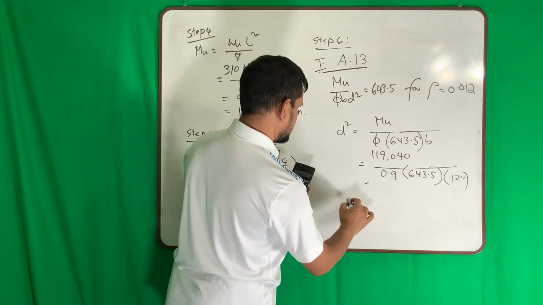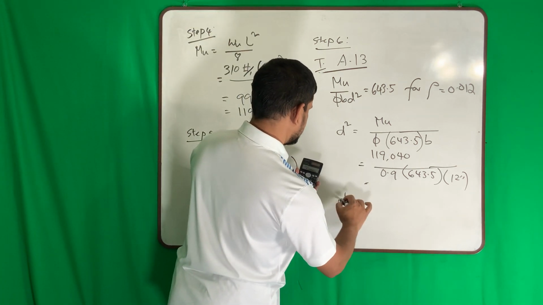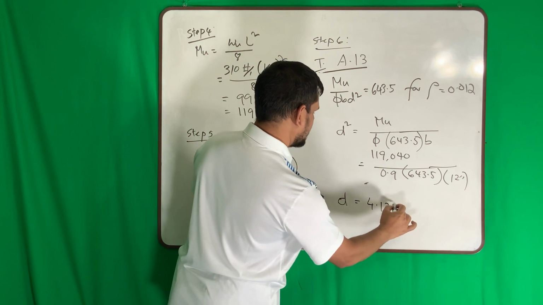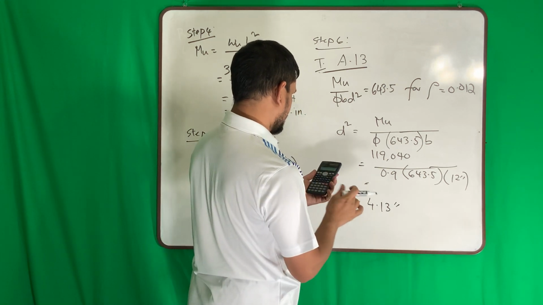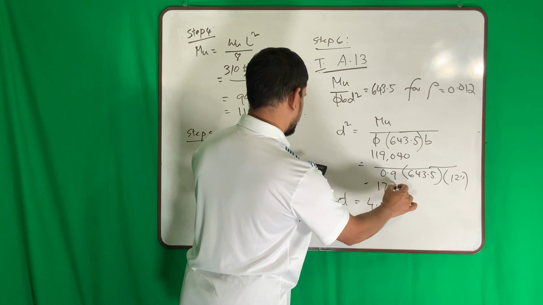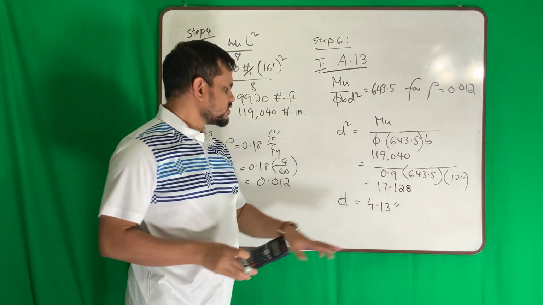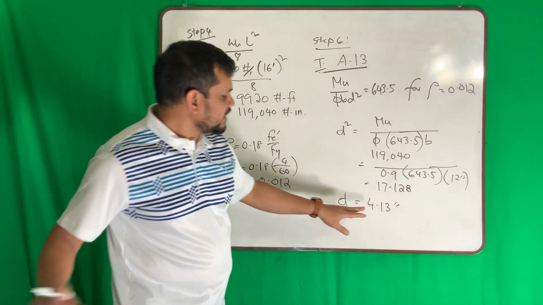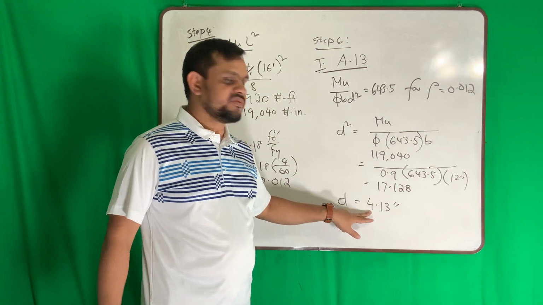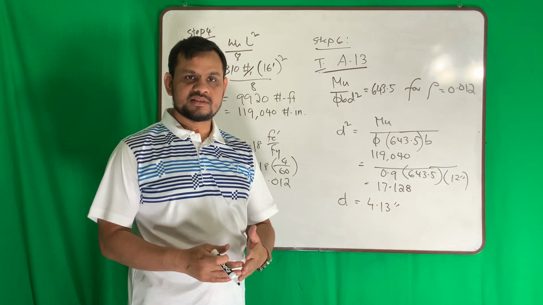I got d is 4.13 inch and this value is 17.12 something. Yes, so you can see that I need actually d only 4.13 inch.